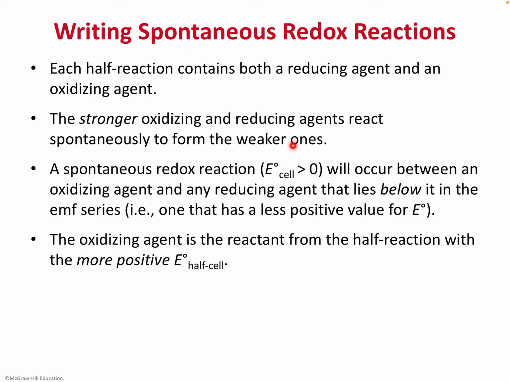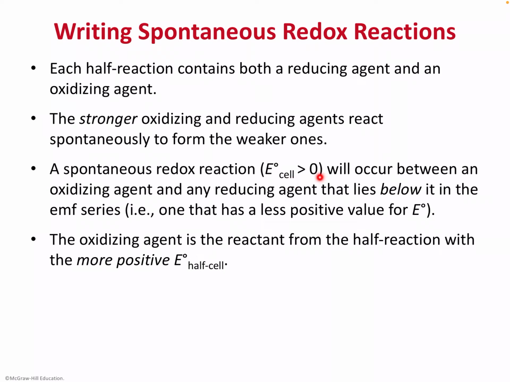Just like strong acid and strong base gives you weak acid and weak base. If you have a strong oxidizing agent and strong reducing agent, their reactions will be spontaneous and they will form the weaker ones. Remember, for a spontaneous redox reaction, E-note cell needs to be greater than 0.